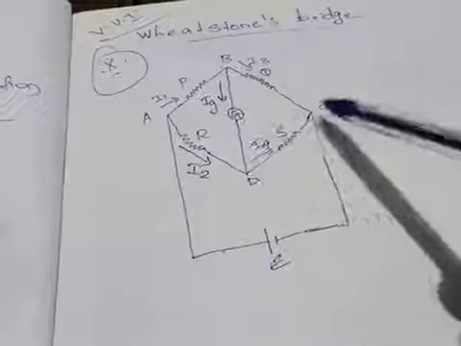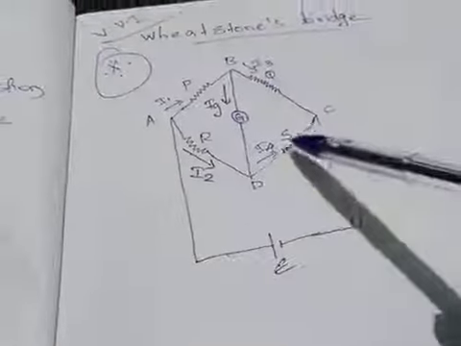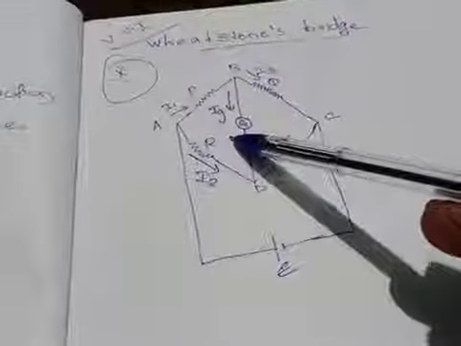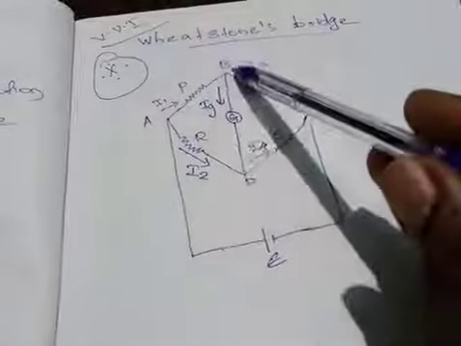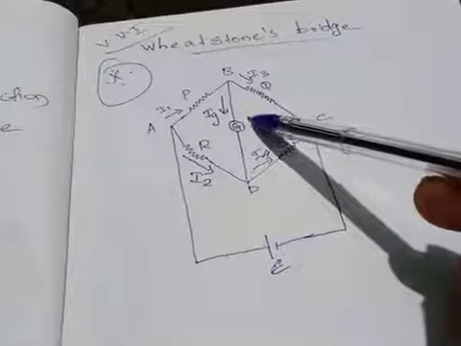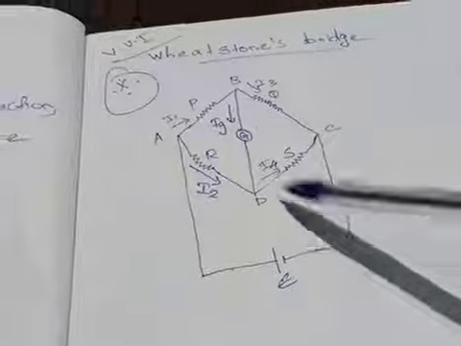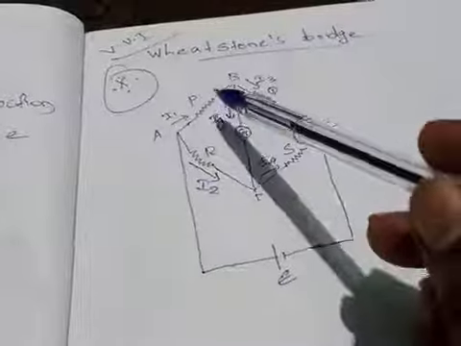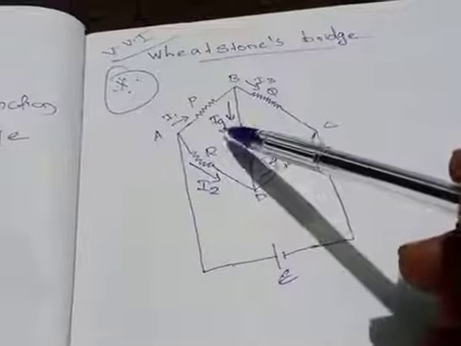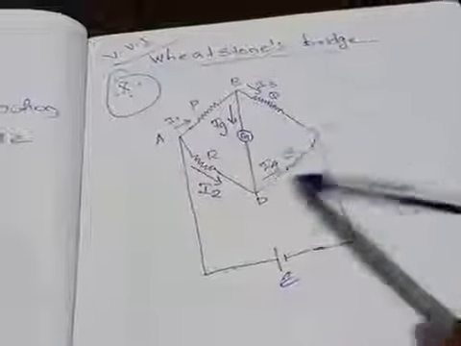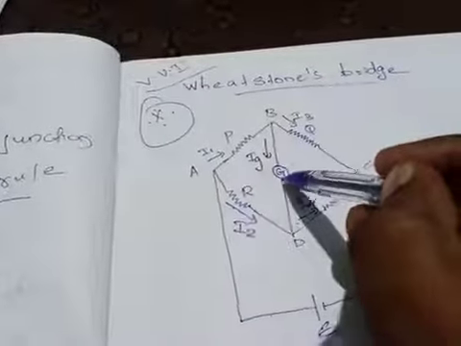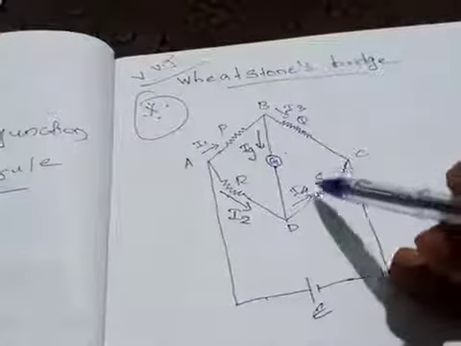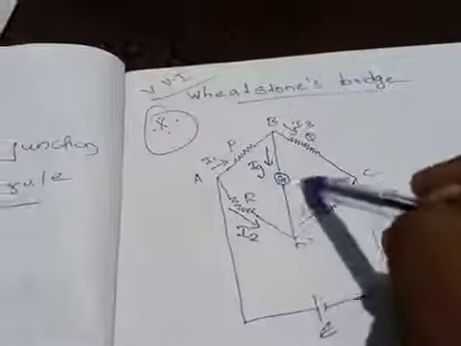Then one galvanometer is connected between the two points B and D. Then one battery is connected between the points A and C. The current through the galvanometer is taken as Ig and its resistance is G. Here the resistances are P, Q, R, S, and the galvanometer resistance is G.